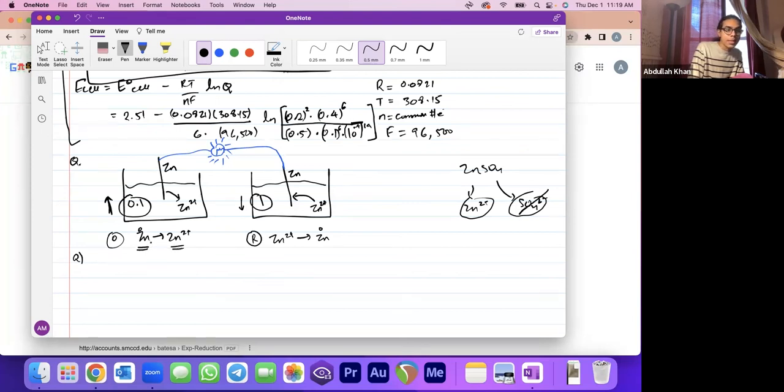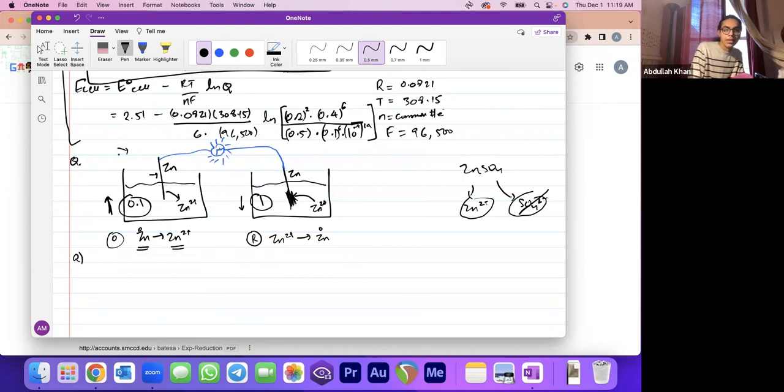Well, that means that this electrode is getting thinner over time because it's getting dissolved in solution. On the other side, zinc is coming out of the solution and getting stuck onto your electrode. So your electrode is becoming thicker over time because there's more and more zinc depositing on this side. So that's a tangential question they can ask.